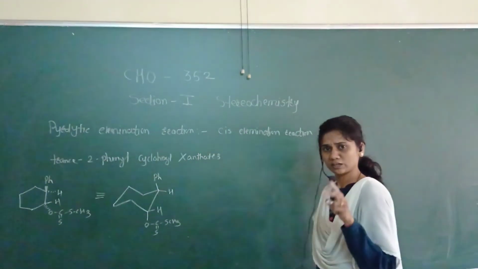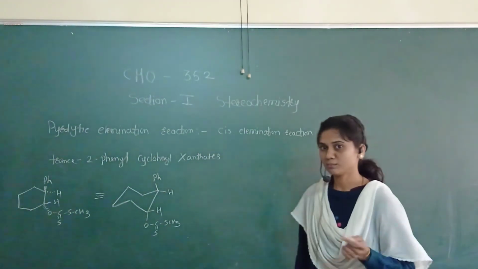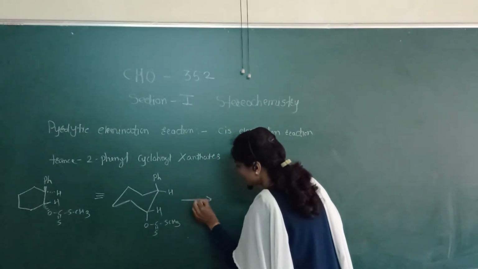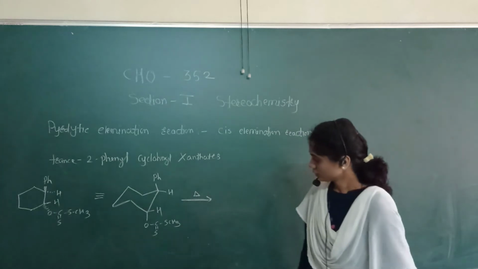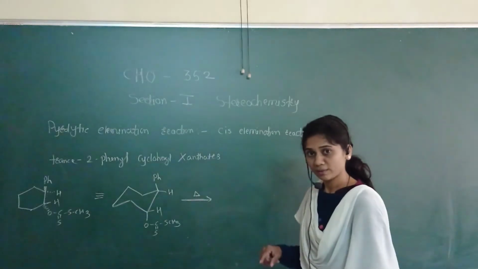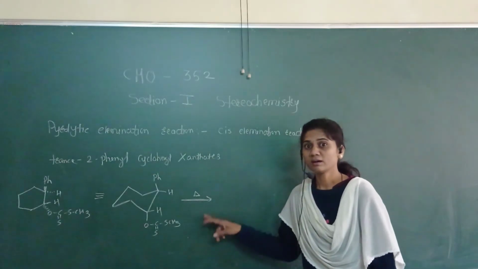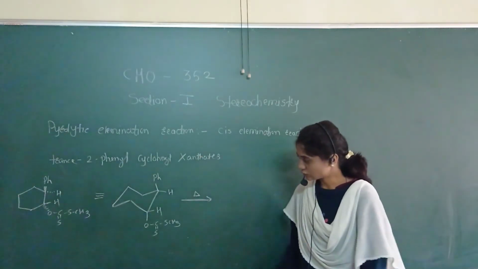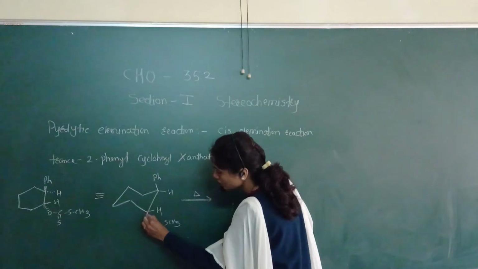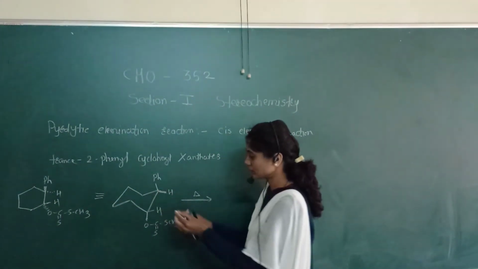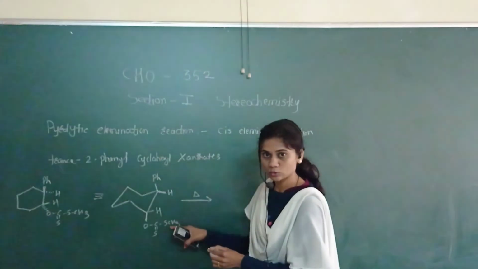In that we also get two types of product. Under heating condition we get products. Our stereochemical requirement is that both eliminating atoms must be cis to each other, means this is below the plane and this is also below the plane, so both are cis to each other.